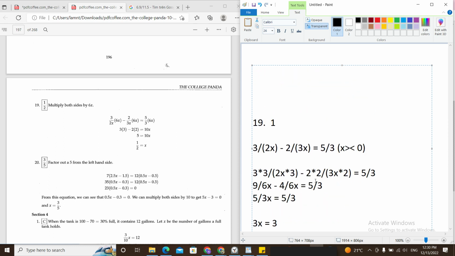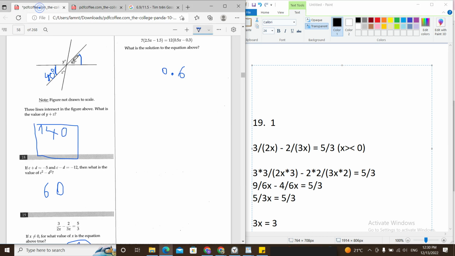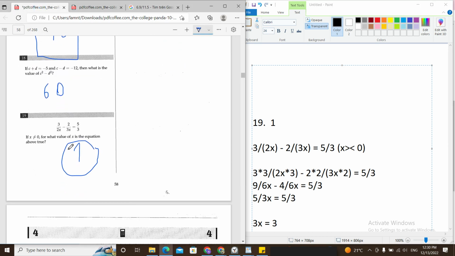So 3 over 2x. They found x to be a half, so not 1. So let's see number 19. I'm going to put the common denominator to be 6x.